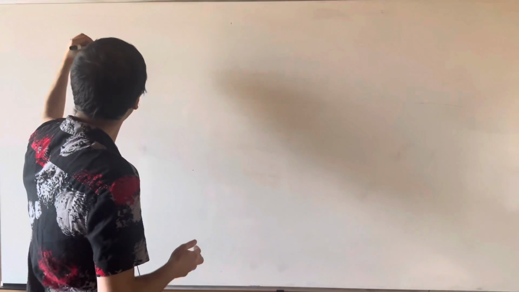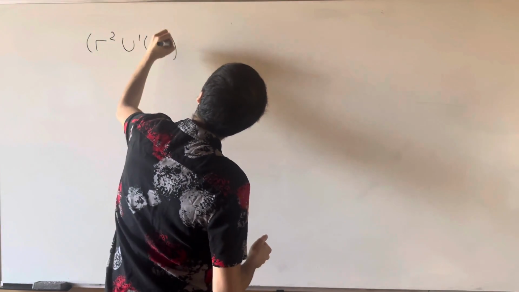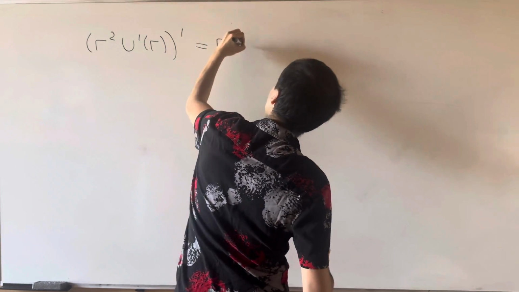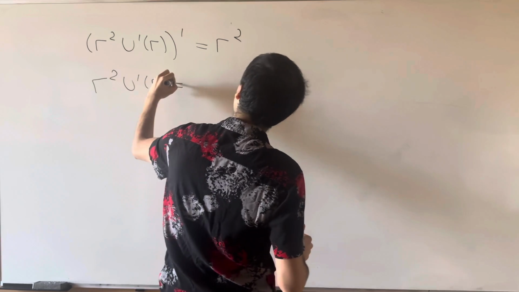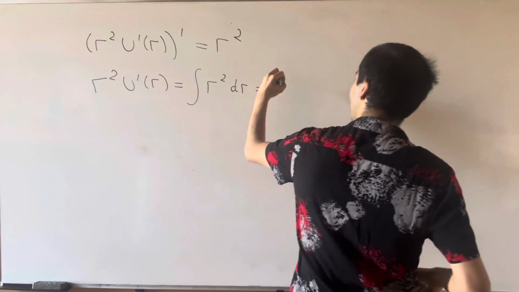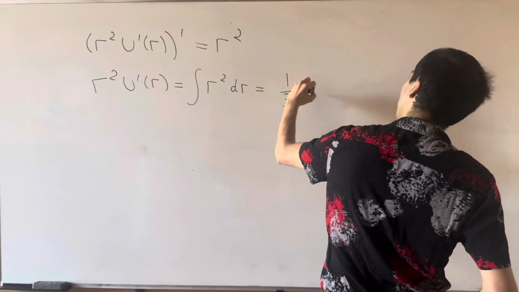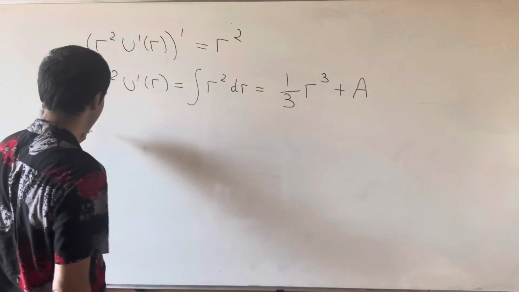So once again, our ODE was r squared u prime of r, prime, equals r squared. So r squared u prime of r is the integral of r squared dr, which is 1/3 r cubed plus a constant a.